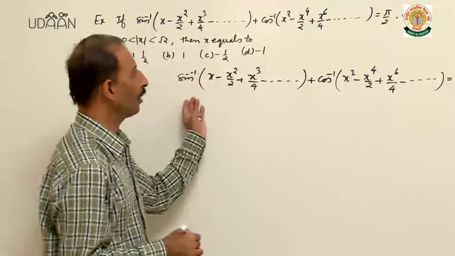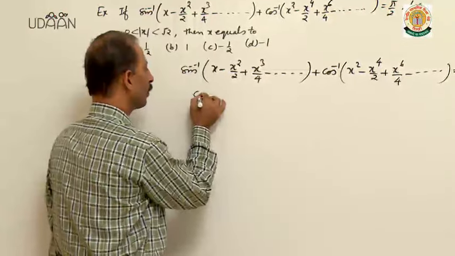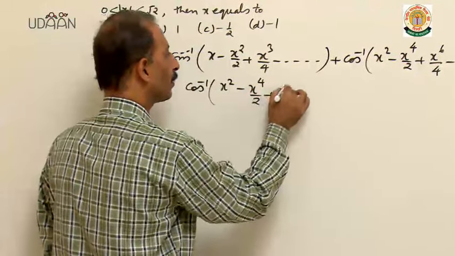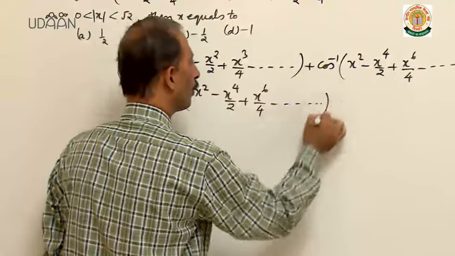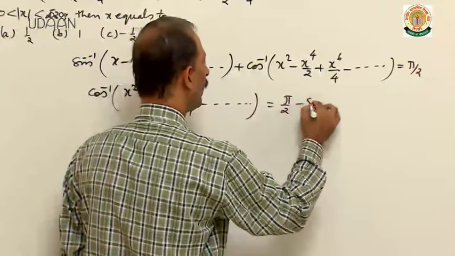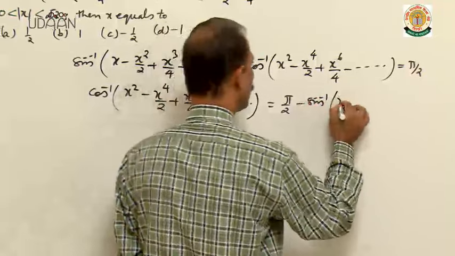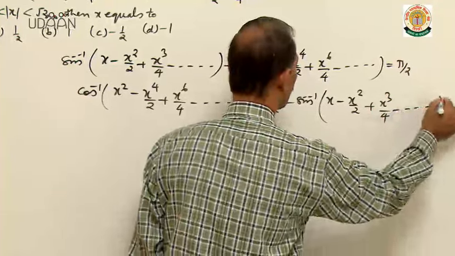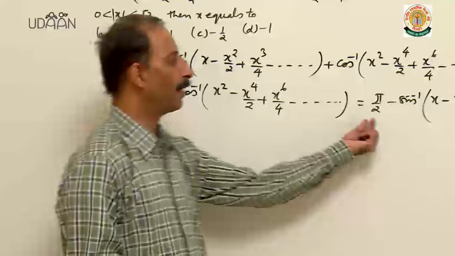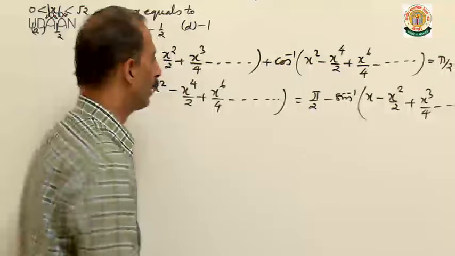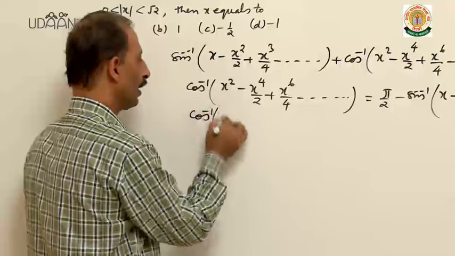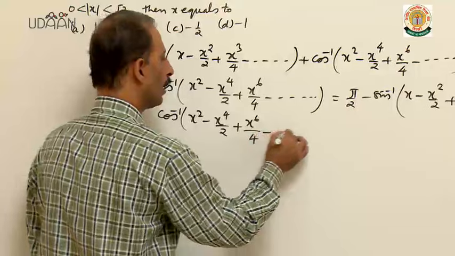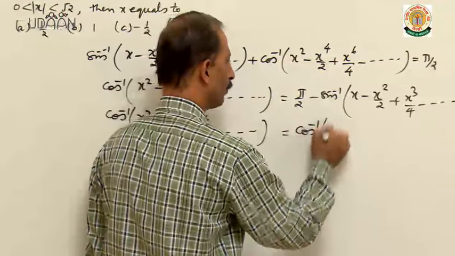If you transfer one term to the other side, you will get cos inverse of x square minus x power 4 upon 2 plus x power 6 upon 4, and on the right hand side pi by 2 minus sine inverse of the series as it is, x minus x square upon 2 plus x cube upon 4 minus other terms. You know pi by 2 minus sine inverse x is cos inverse. So the left hand side stays as it is, and the right hand side converts into cos inverse of this series as it is.